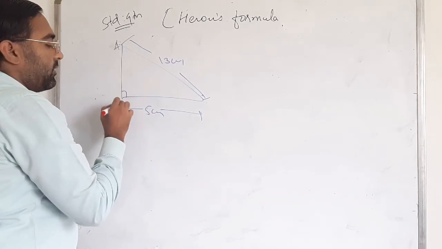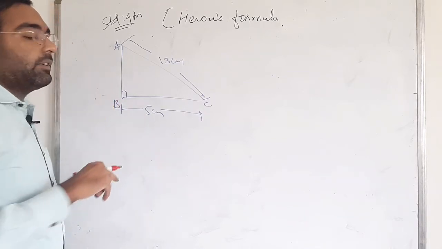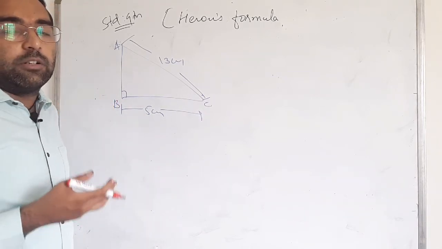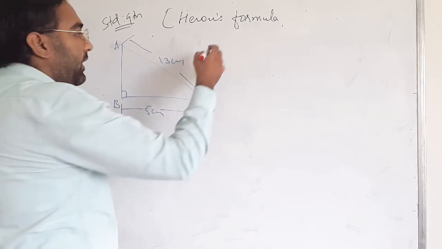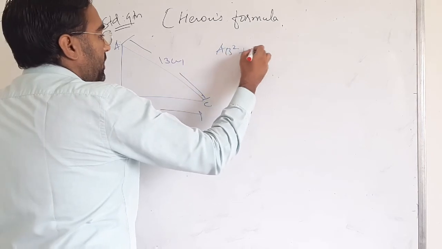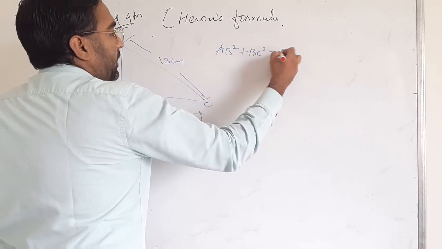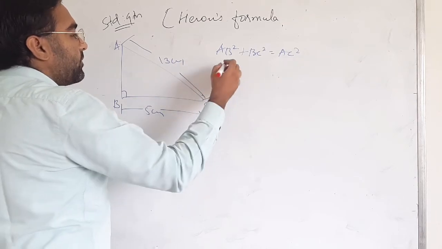For the area of the triangle, we need the height of the triangle. So for the height, we will use the Pythagoras formula, which we know: height square plus base square equal to hypotenuse square.